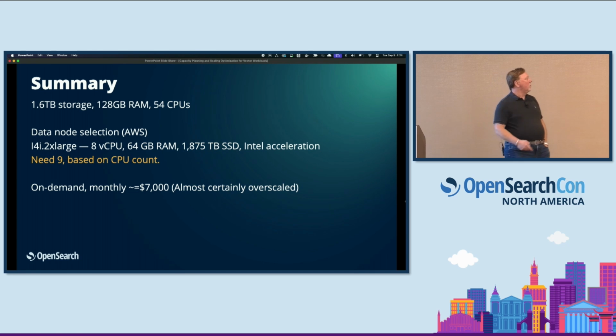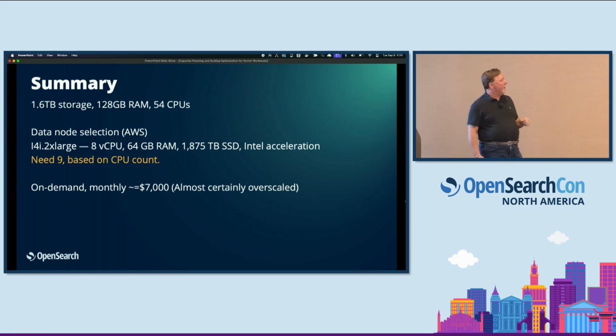So I'm just going to pick a data node, and because I'm an AWS solutions architect, I know AWS nodes the best. I'm going to recommend the i4i 2xlarge. This has 8 vCPUs each, 64 gig of RAM, 1.875 terabyte SSDs, and because it's an Intel-based instance, OpenSearch will automatically use Intel-based vector acceleration.